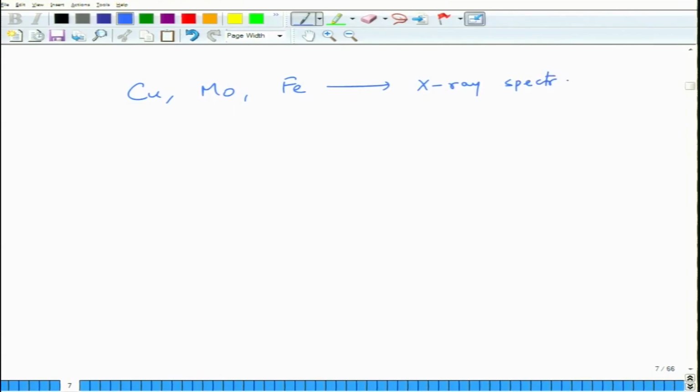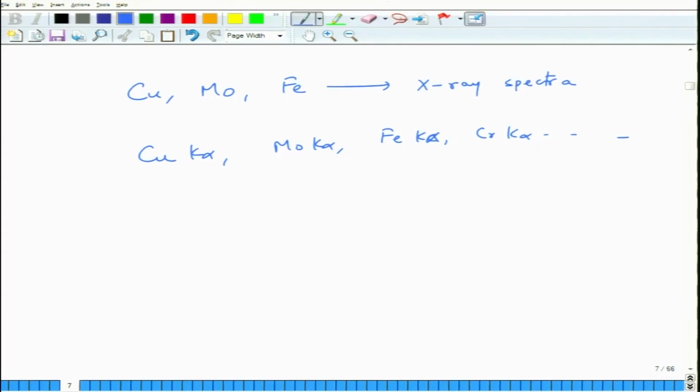So we use copper K alpha, moly K alpha, Fe K alpha, chromium K alpha, and so on. These radiations are used, and they will have different wavelengths. Criteria for the material to be a target material: most of these are metals because they emit X-rays which are useful to you. The radiation that you use depends upon the type of materials that you want to examine.